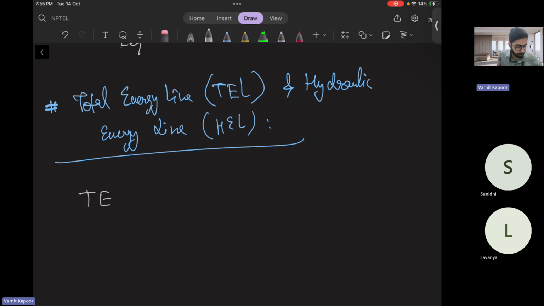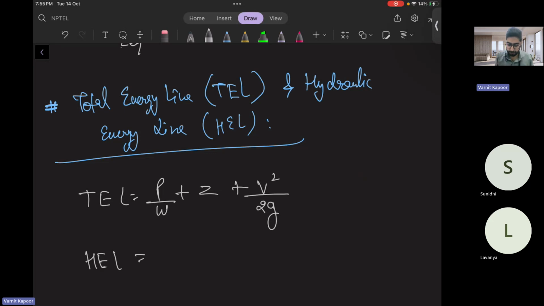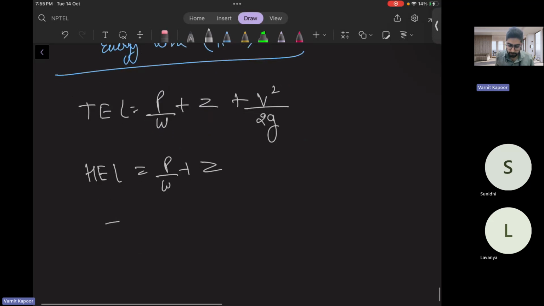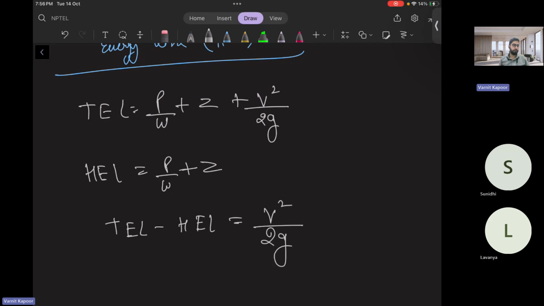So TEL is nothing but P by W plus datum head, pressure head plus datum head plus dynamic head. Whereas hydraulic energy line only tells about the piezometric head in the flow, that is P by W plus Z. So the difference of total energy line minus hydraulic energy line is nothing but V square by 2g.